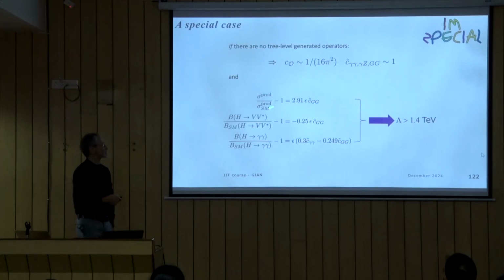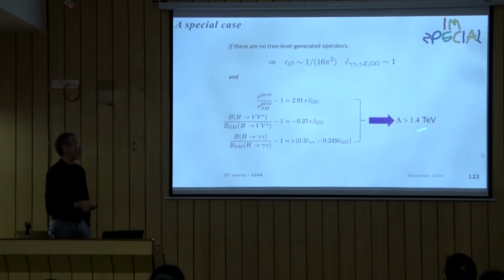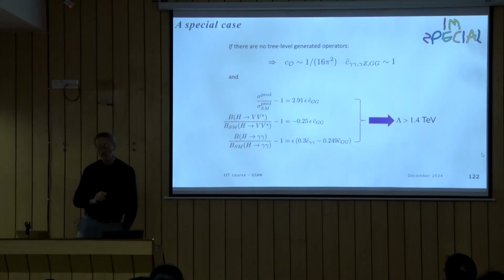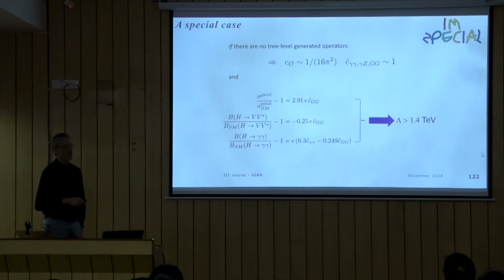From the data at the LHC, this probably has improved by now, because these measurements have become more and more precise as time goes on. So this is a lower limit. I don't know. But at least it's one case where existing data is sufficient to put an unambiguous limit.